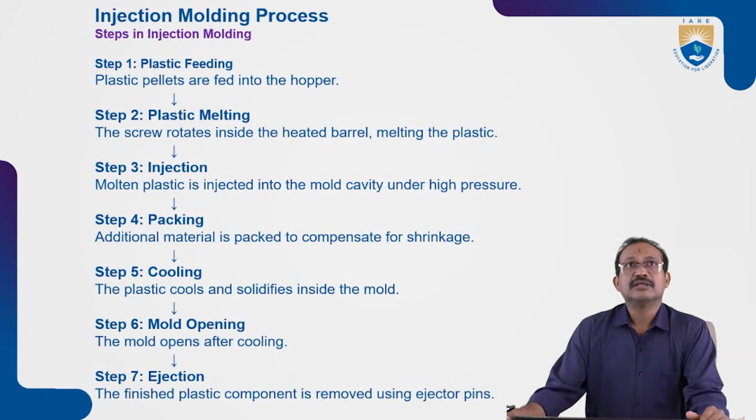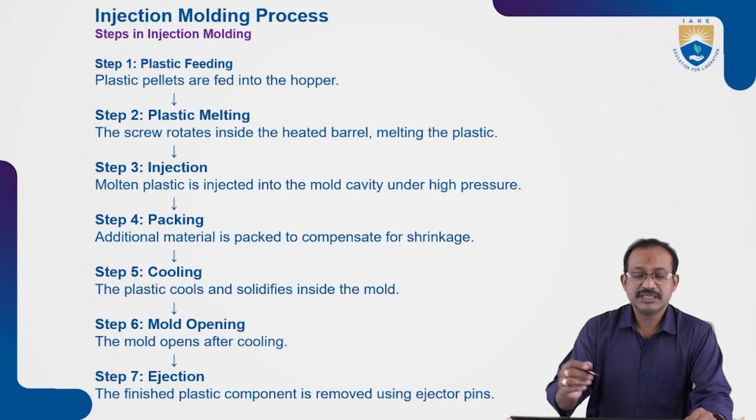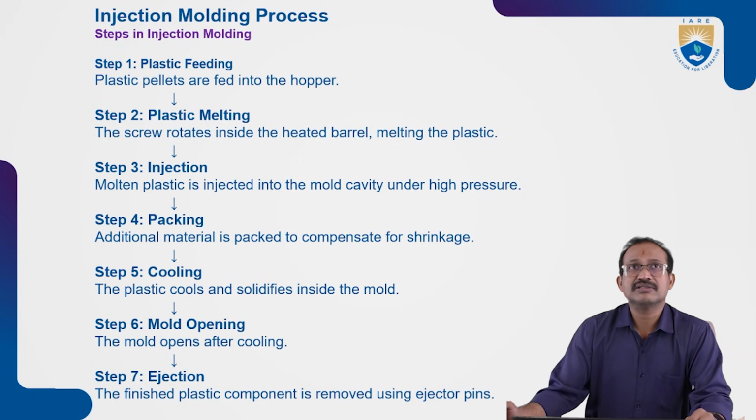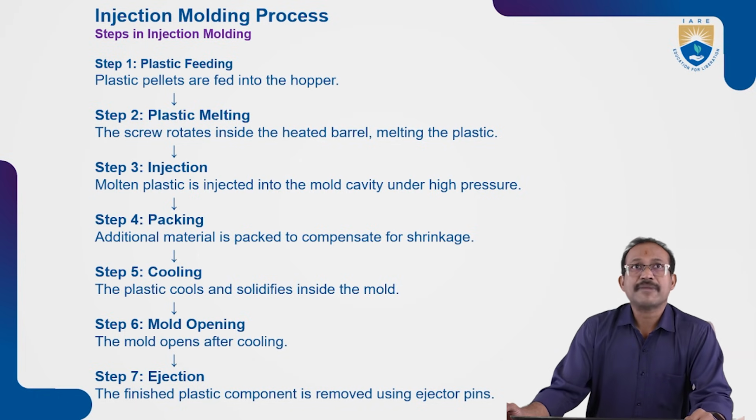Let us see the step-by-step process in injection molding. The injection molding process has several steps. Step 1: plastic feeding. First we have to feed the plastic material.